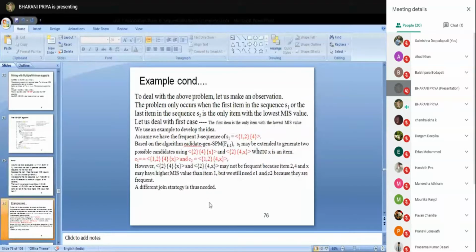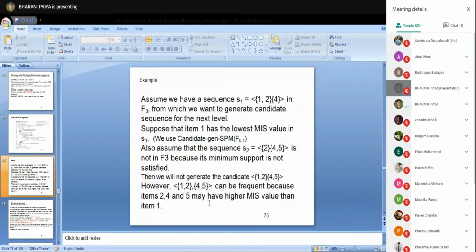Again I'll repeat, I have a sequence 124 and another sequence 245. I cannot join to get 1245 because 245 may not be frequent or 124 may not be frequent, but 1245 may be frequent. So in that case, what do we have to do?